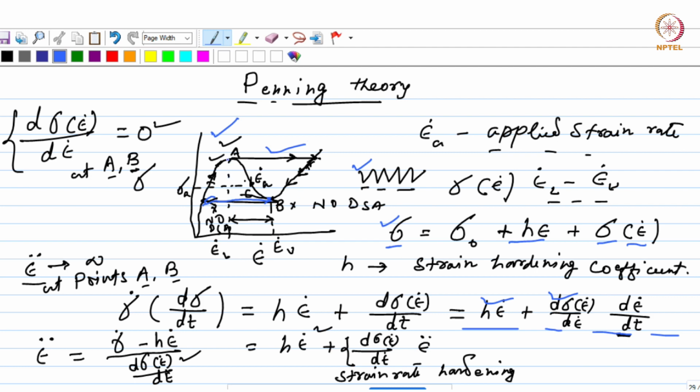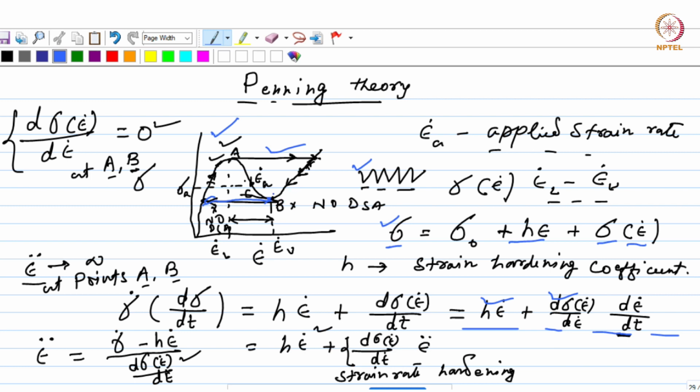So the moment you come to that particular range, the stress will go down as the strain rate increases, and as you come out from that range, the stress will again rise. Okay, so that is why you have this maximum and the minimum at point A and B respectively.